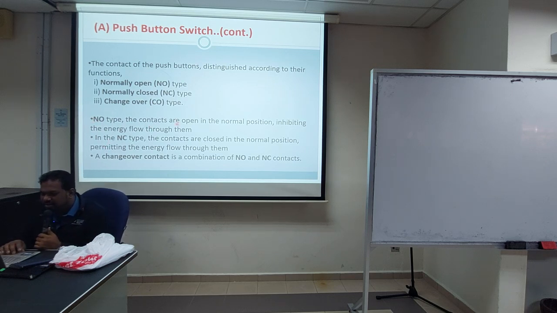So the contacts are open in the normal position, inhibiting the energy flow through them. And NC type, the contacts are closed in the normal position, permitting the energy flow through them. So NC normally close maksudnya ada connection, normally open no connection.